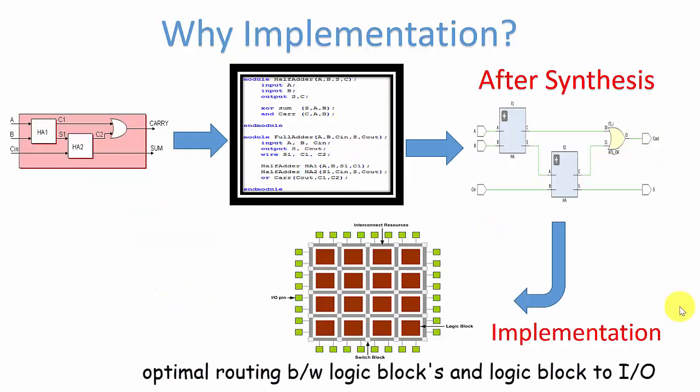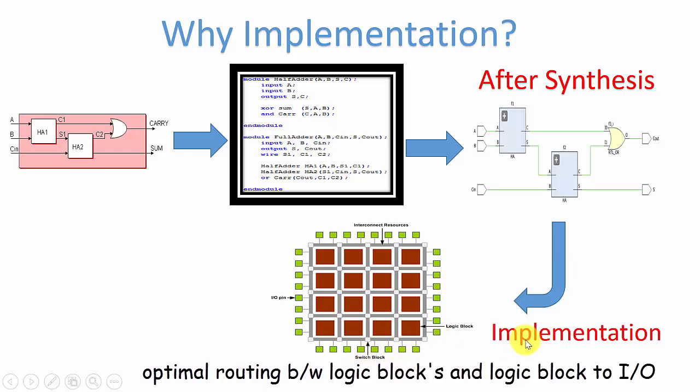Now we will talk about implementation. After synthesis we go for implementation. What implementation does is transfer the logic we have developed to the FPGA. The implementation tool deals with the connections between two logical blocks, and between IO and logical blocks.